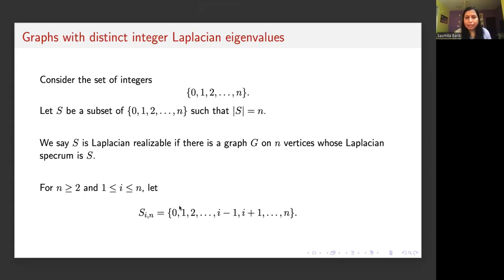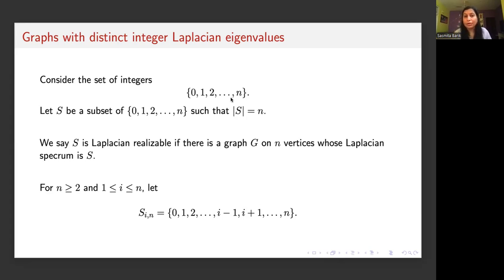Now, another thing one can think of: if I consider the Laplacian spectrum as an integer spectrum, meaning all are integer eigenvalues, let us consider the spectrum with distinct integer eigenvalues.